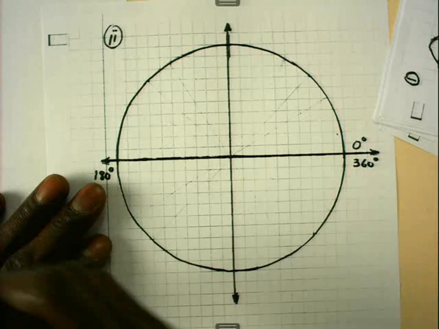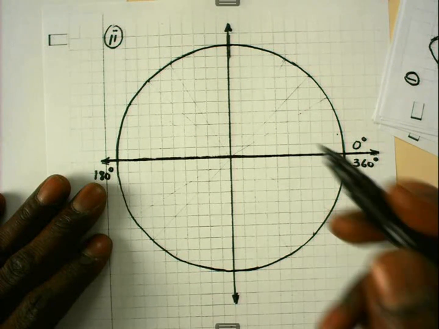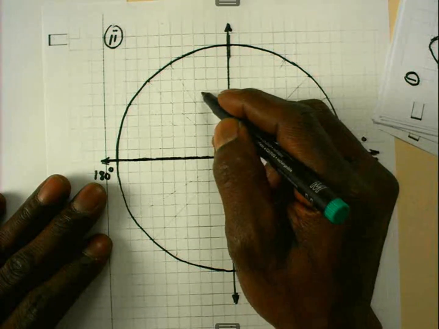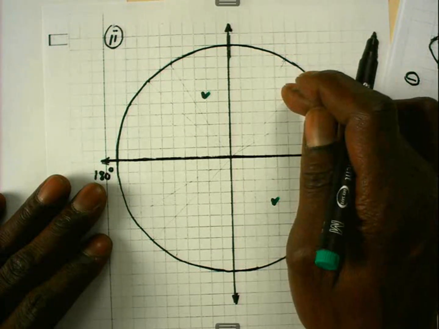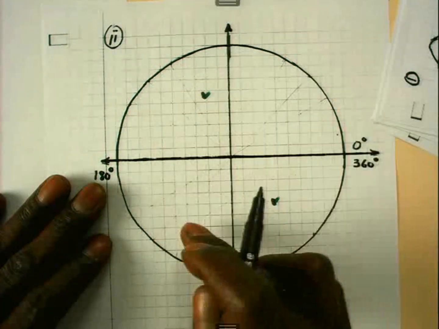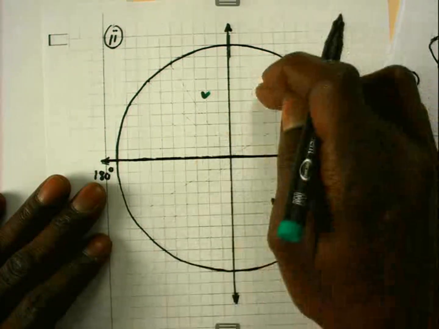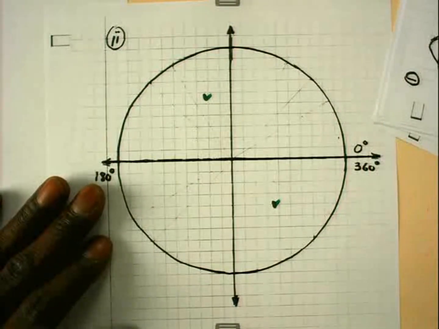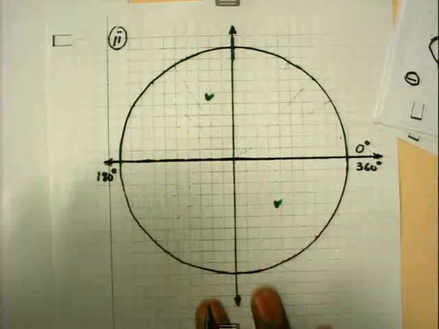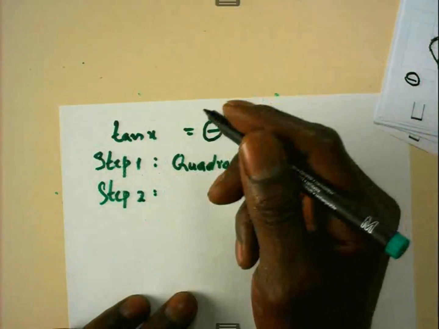Tan is negative in the second quadrant and the fourth quadrant. All Students Take Calculus, yes, it's positive here, positive there, so I'm correct. Now we have identified the quadrant, which means we are done with that minus sign.